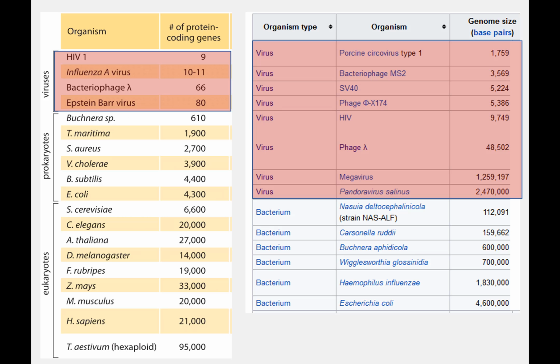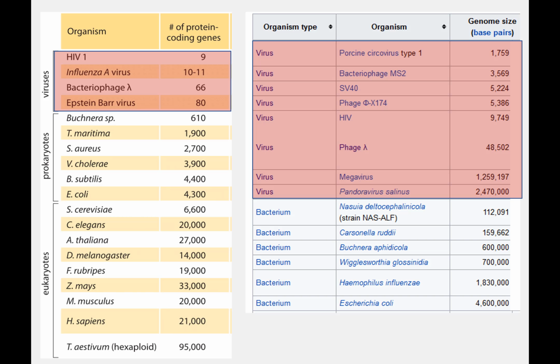This next slide is just to show you that not only do we have different types of genomes, we have different ranges of protein coding genes, so the number of genes. So HIV, as deadly as that virus is and such a pain, it only has 9 genes.